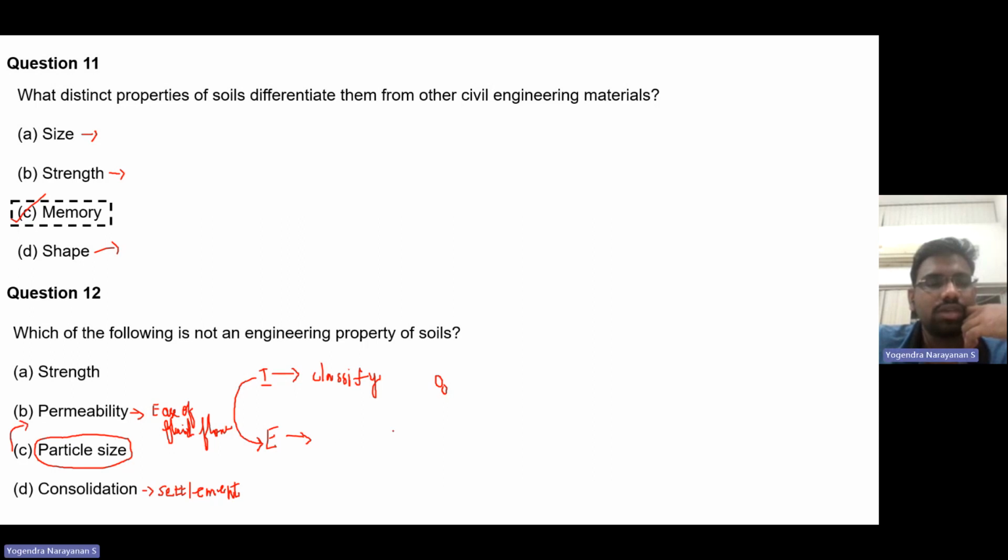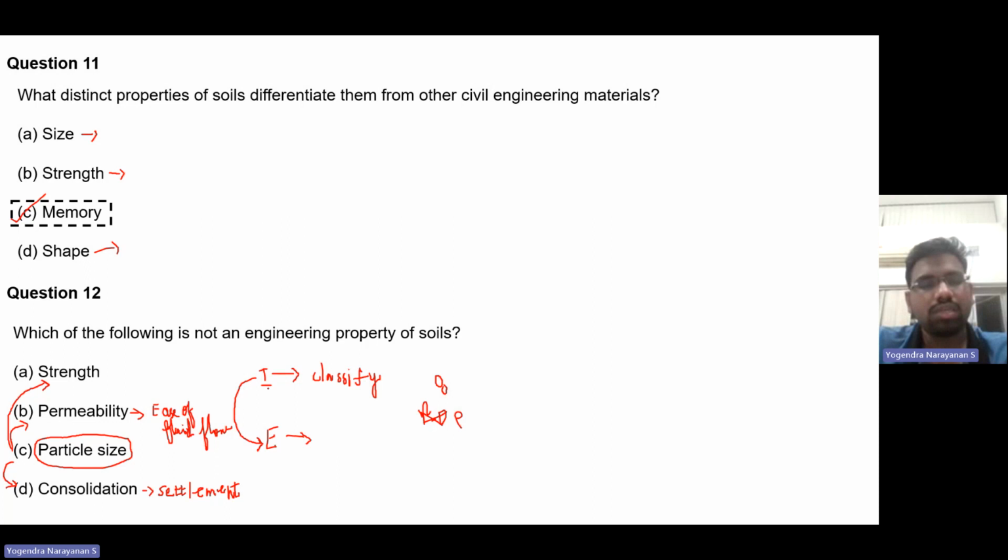It also governs the density, which we will be studying further, defined by gamma, or as per the present notation, rho density. And based on the voids, how much settlement can take place, consolidation, and density will indirectly affect the strength.